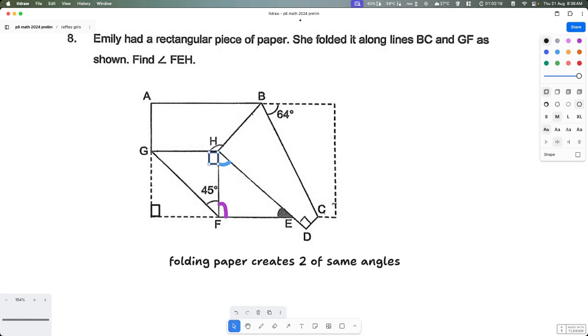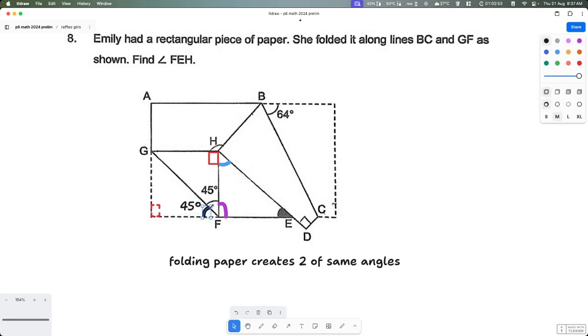So this folds to become a 90-degree angle. Next, when you fold this 45, that means this is also 45. And this is also 45 degrees, right?